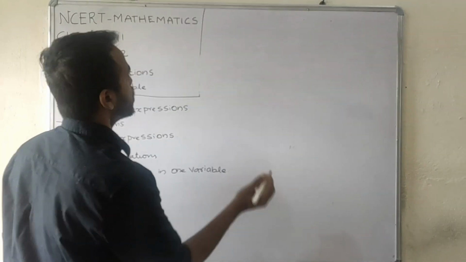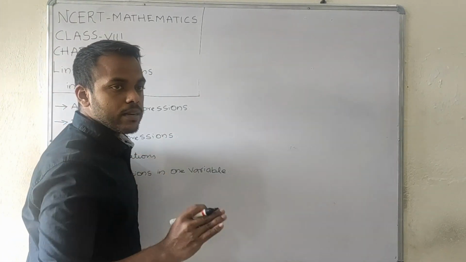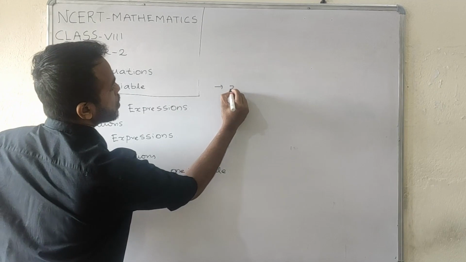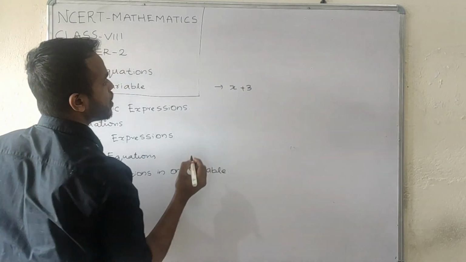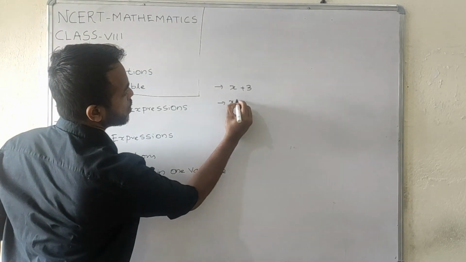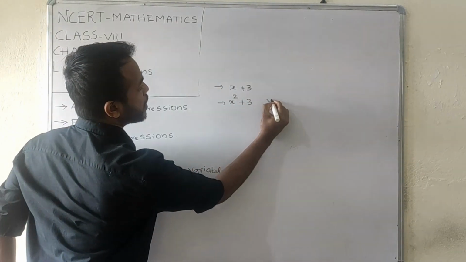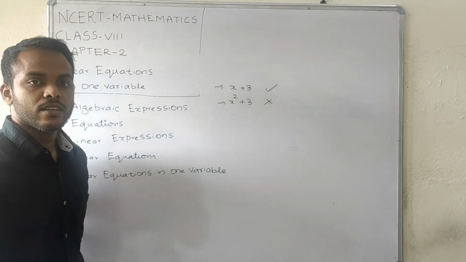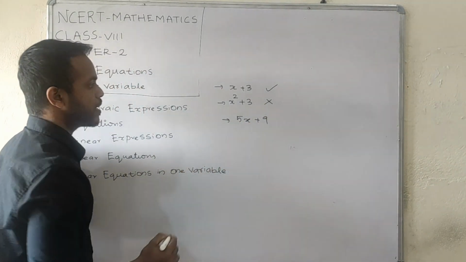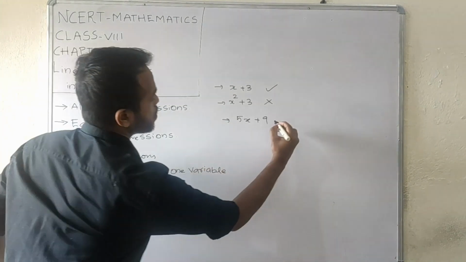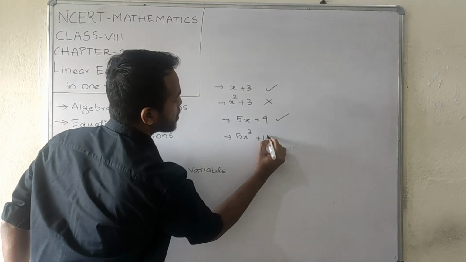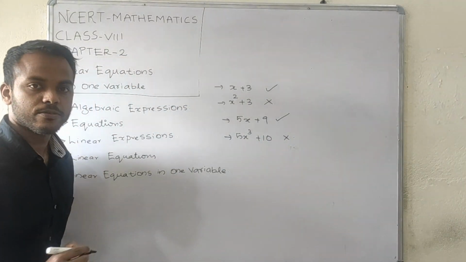Linear expressions. I will give you some random examples and let's try whether you can do it. x plus 3 is a linear expression. x square plus 3 is not. 5x plus 9 is a linear expression. 5x cube plus 10 is not.